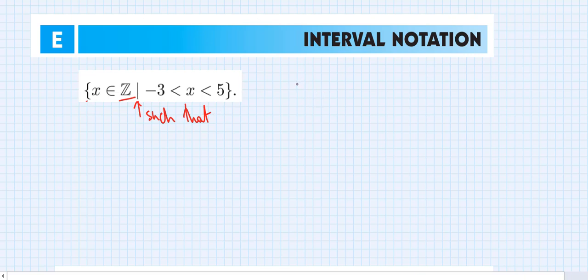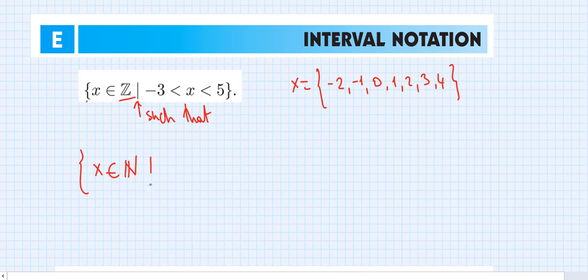So we can list them if you want, to better understand. So what they are: -2, -1, 0, 1, 2, 3, and 4. Instead of writing in the list form, there is a short form notation. Okay, let's try one more. x such that x lies between 1 and 10.